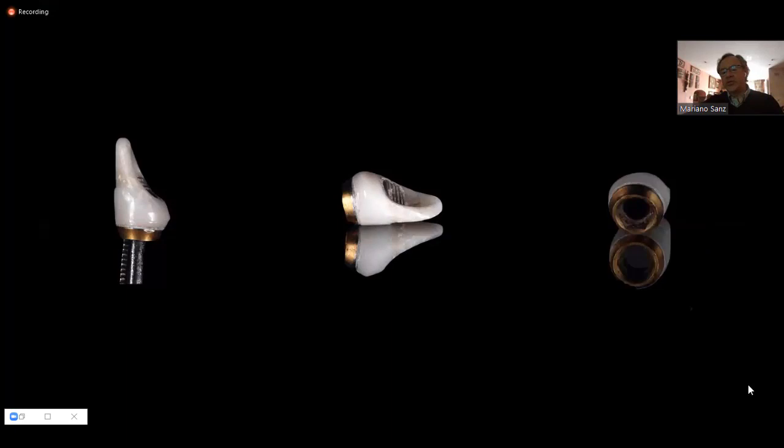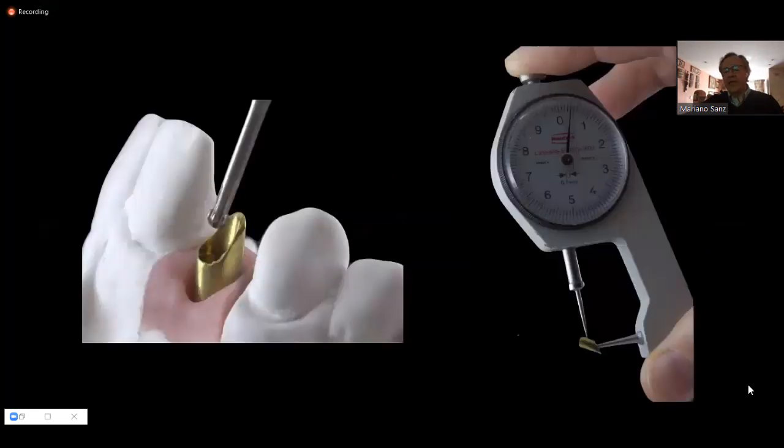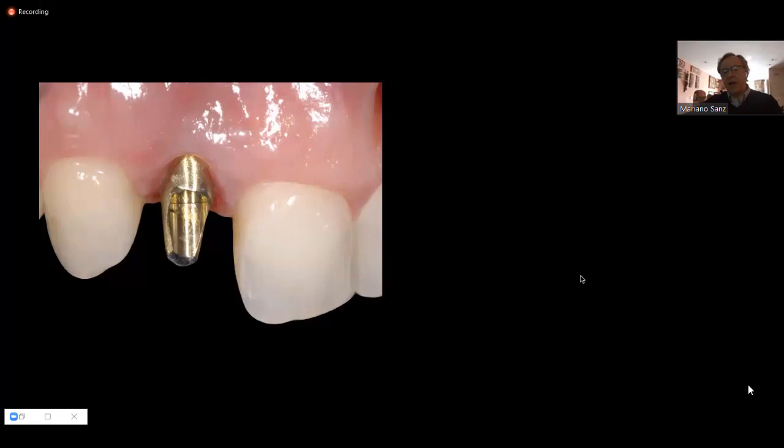In these situations, we always need to remove the crown. We have to place a really under-contoured abutment, and this under-contoured abutment will allow the tissue to give in.